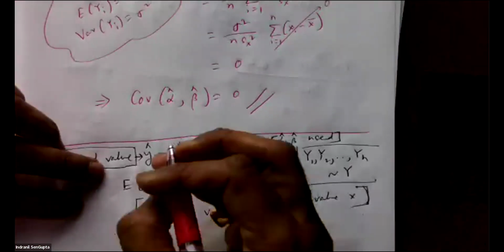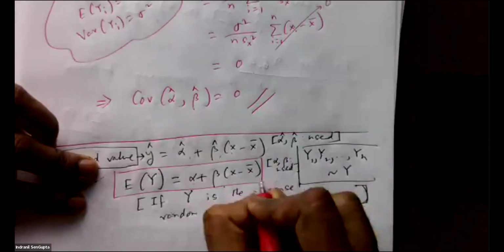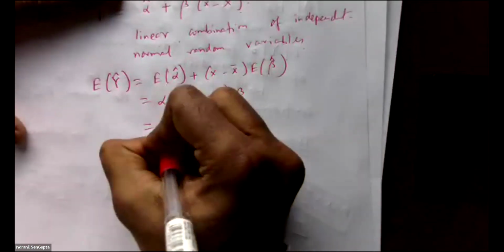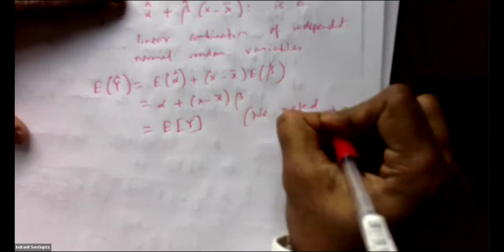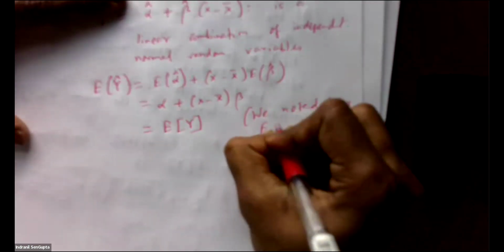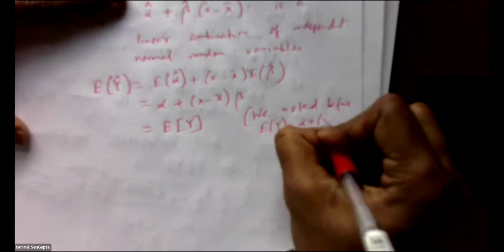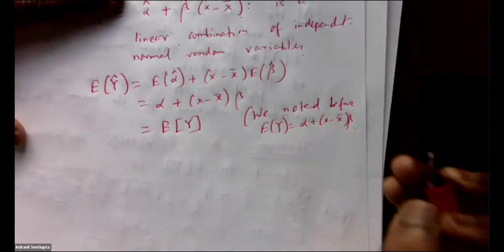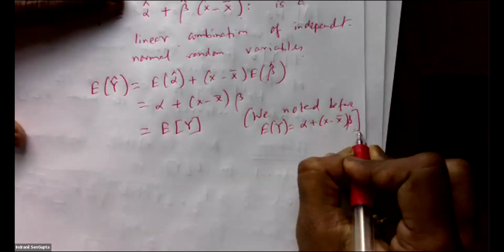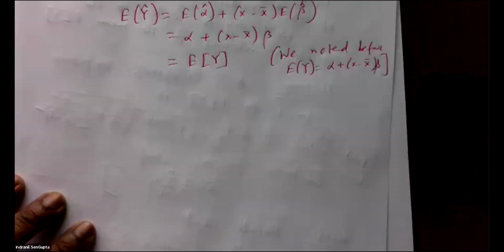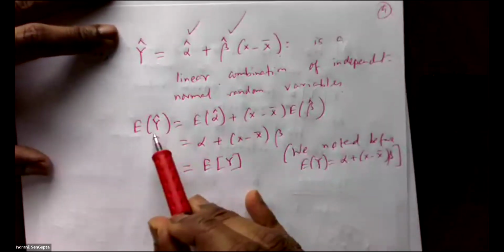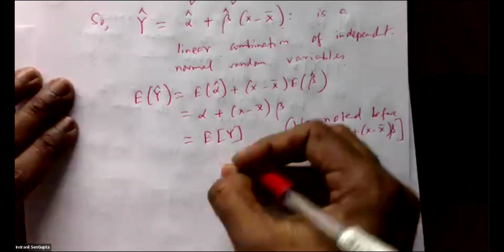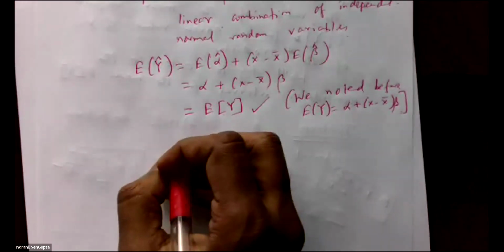E of y is alpha plus beta times x minus x bar. So what we found is this is really E of y, as we noted before. So y hat follows a distribution with mean E of y. First observation.